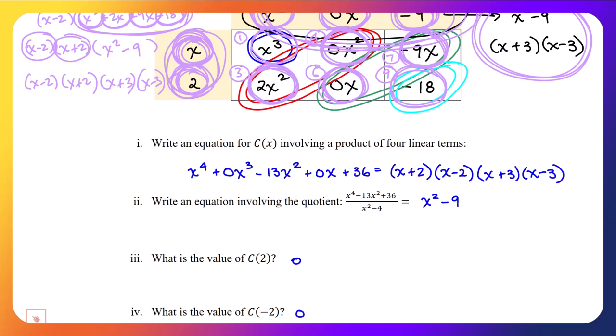So here we are with the 4 factors. We factored this out. This part was left in our last step. If I plug in 2, I get 0. If I plug in negative 2, I'll also get 0. You can see the same thing for 3 and negative 3.